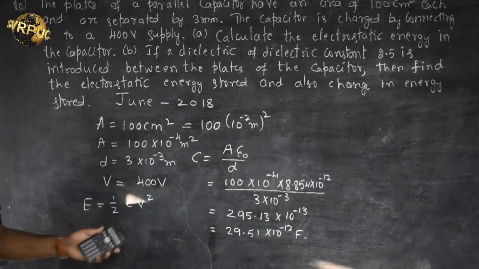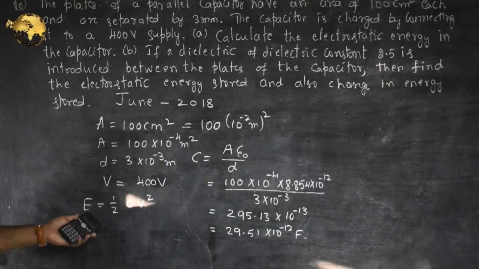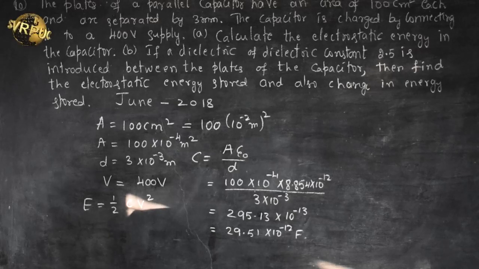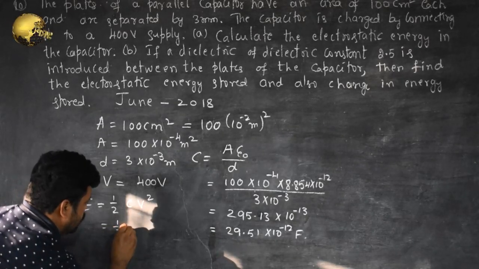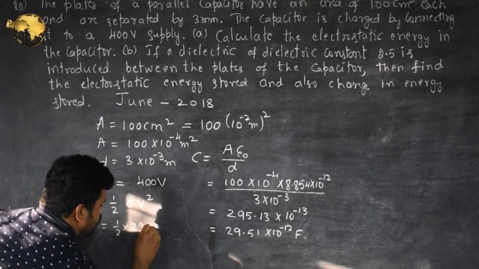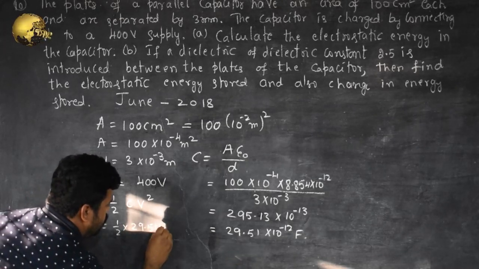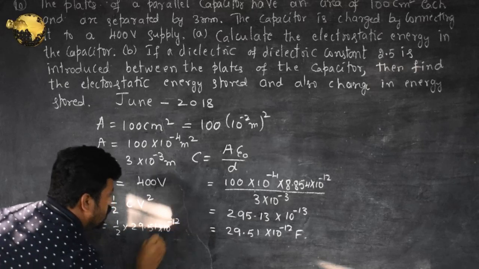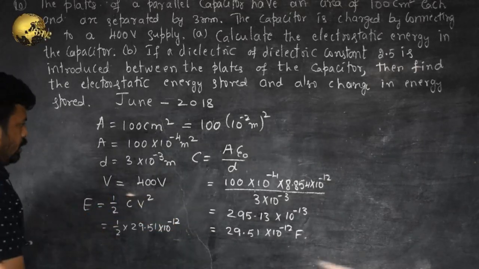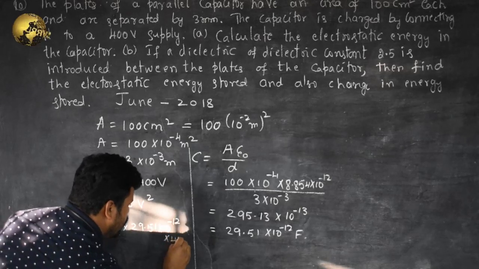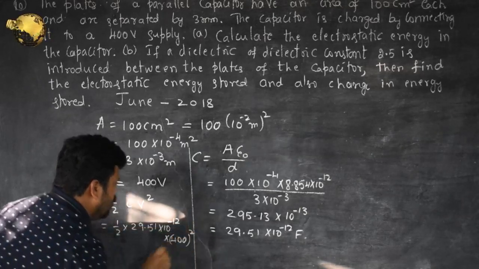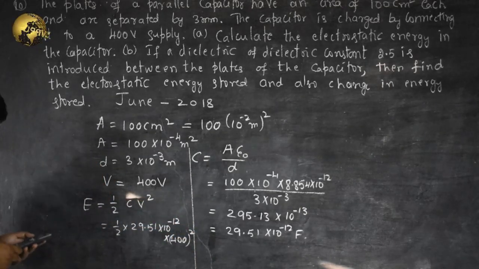So let's substitute this value here and find out the energy stored in the capacitor. That is half into 29.51 into 10 to the power minus 12 multiplied by 400 square. Let's find it out.